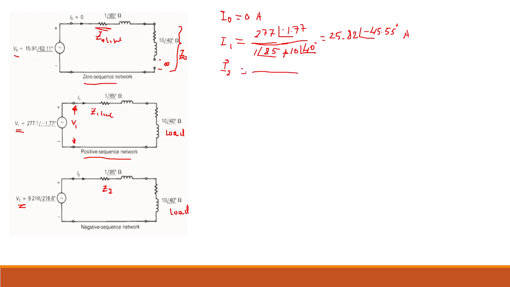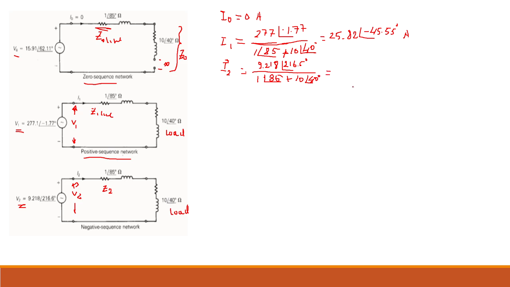The negative sequence current equals the voltage applied to the impedance of the line and the impedance of the load: 9.218, an angle of 216, divided by the impedance of the line and the impedance of the load.